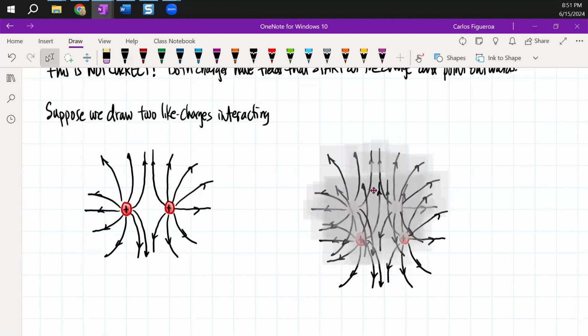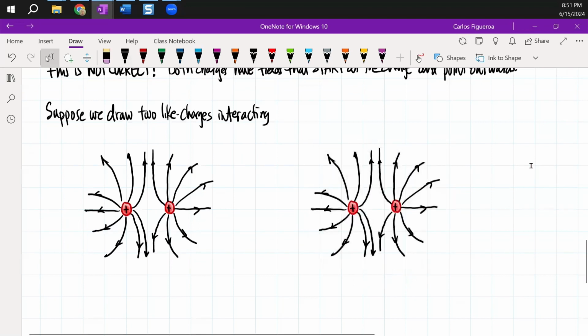So what's the difference between them? The difference is, of course, that we don't have positive charges. We have negative charges. When I look at these negative charges, they have the same behavior, except that the arrows do not point outwards, they point inwards.